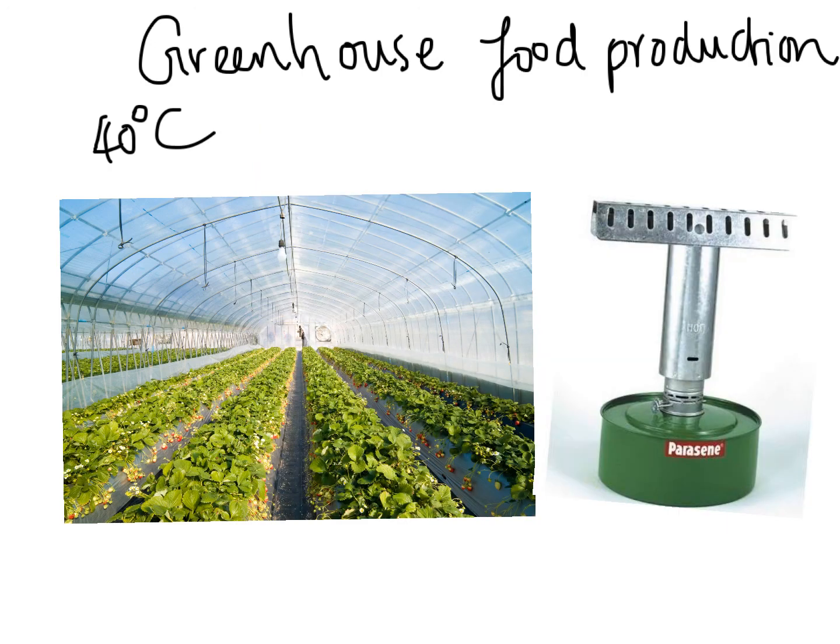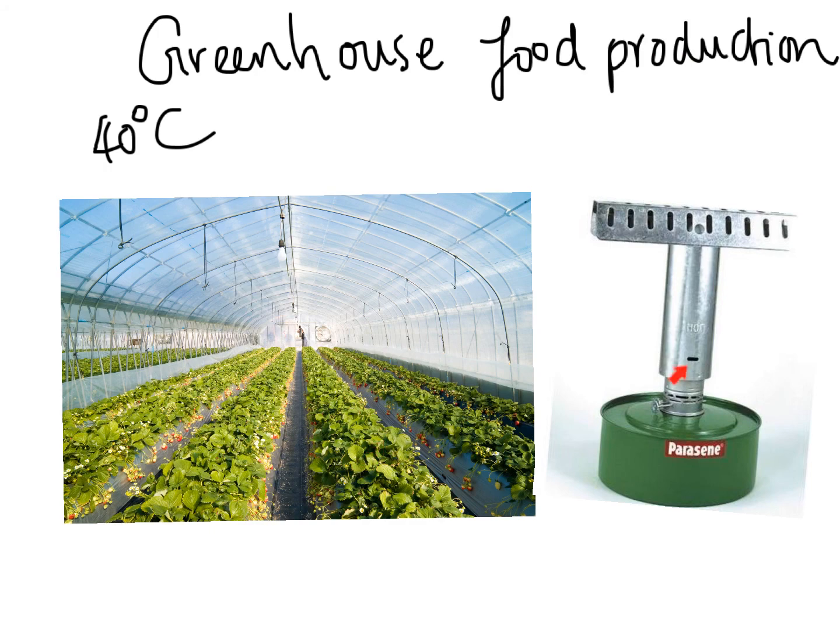So there you can see a small stove-like equipment which burns the fuel over here, and because this is a hydrocarbon fuel such as paraffin, it produces carbon dioxide. So the level of carbon dioxide here is really high. Again, this can be controlled.